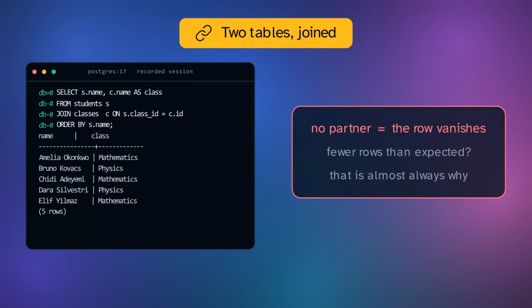A plain join only keeps rows that found a partner on both sides. So if a join returns fewer rows than you expected, that is almost always why. There is another kind called a left join that keeps them and leaves the other side blank. You do not need it today. You do need to know your rows can disappear.